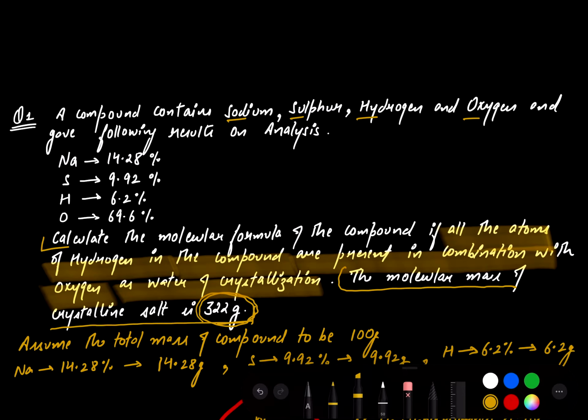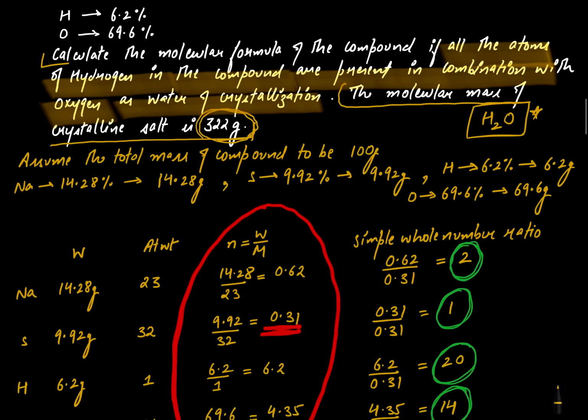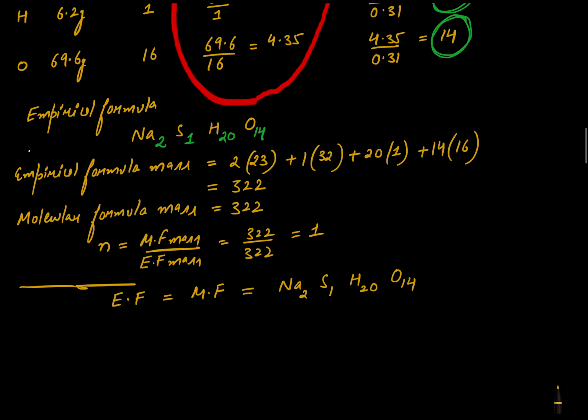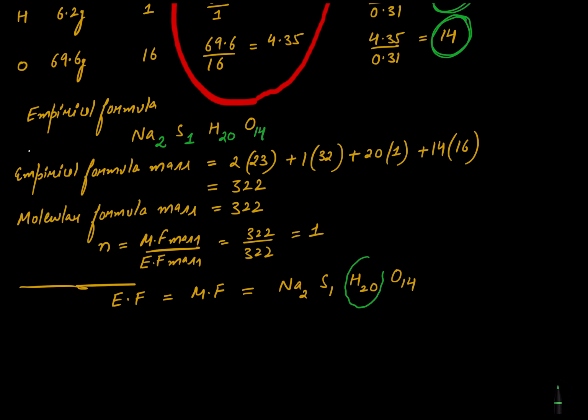This means that water of crystallization stands for H2O, and he is saying all the hydrogen of the molecular formula are present in water of crystallization. Now let's come back over here. That means here we are having 20 hydrogens, and what is water of crystallization? It is actually H2O. He is saying that all the 20 hydrogens are present in H2O.